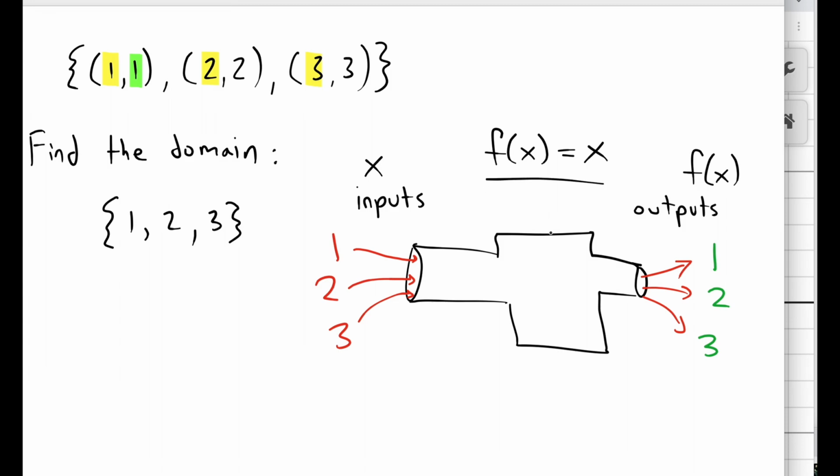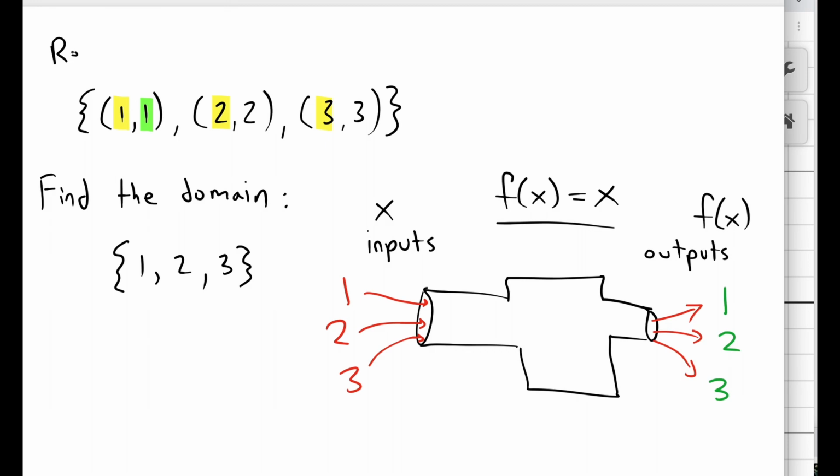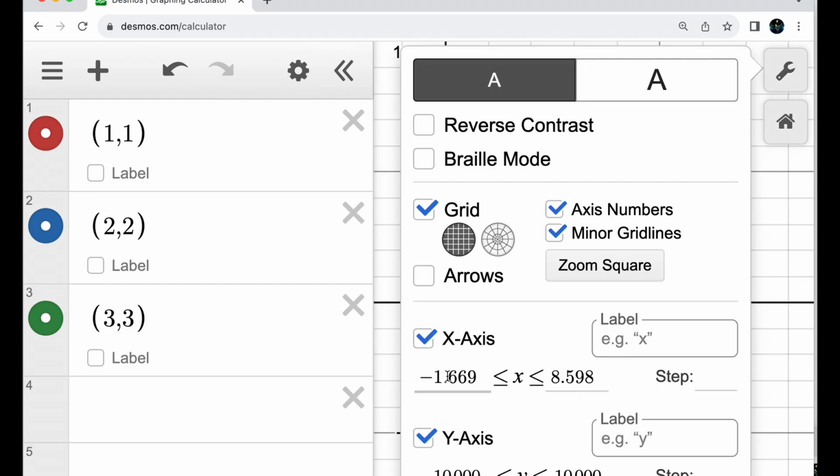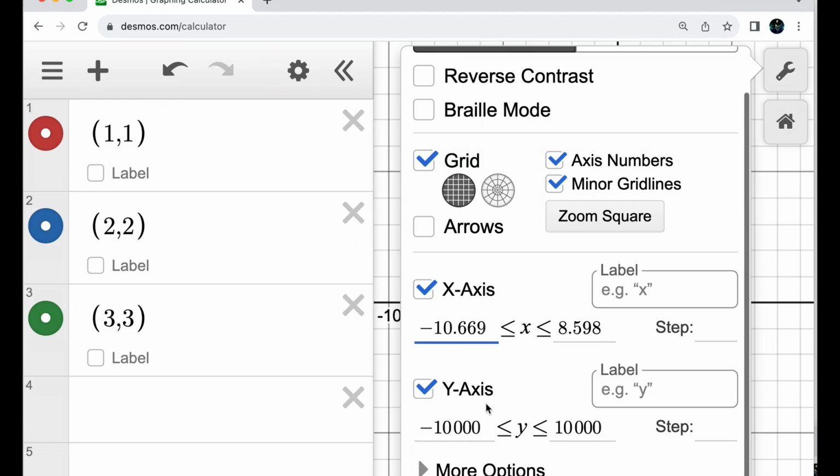This function has a domain, which could be a lot bigger than just 1, 2, and 3. This is considered a restricted domain for that rule, because many more inputs are possible. Let's see how many different inputs there could be. I'm going to fix my axes for a minute. I'm just going to go back to what it was.